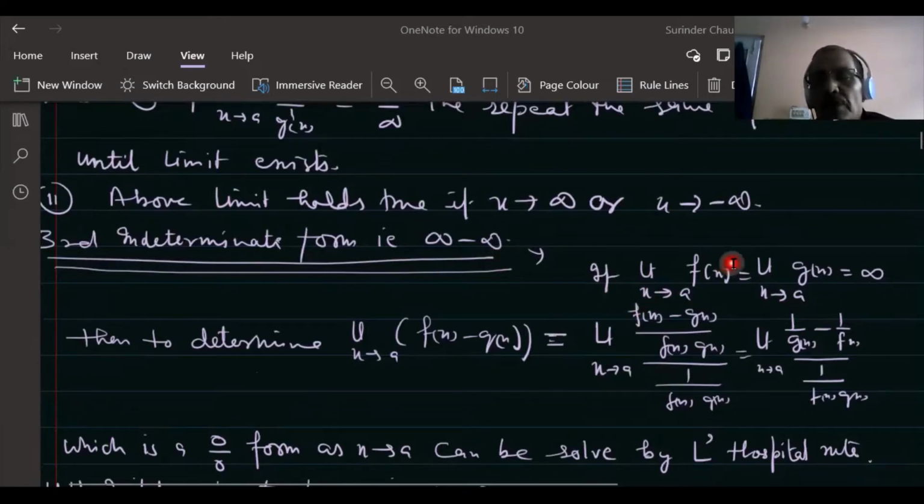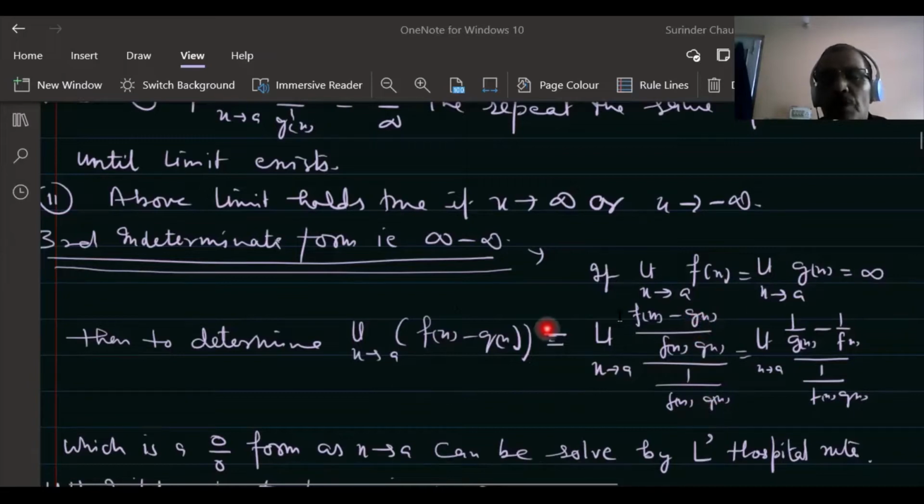If limit x tends to a of f(x) is equal to infinity and limit x tends to a of g(x) is equal to infinity, then the indeterminate form limit x tends to a of f(x) minus g(x) can be written as limit x tends to a of (f(x) minus g(x)) upon f(x)g(x) upon 1 upon f(x)g(x).